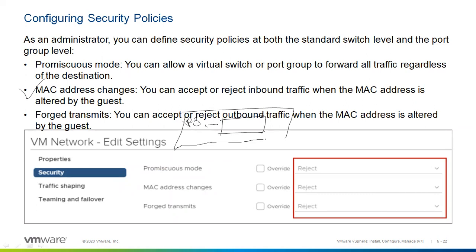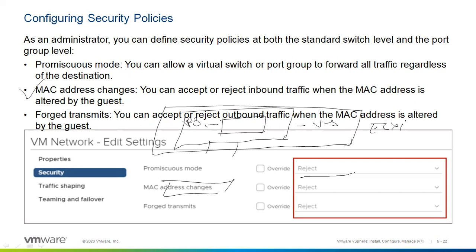This port group is in a virtual switch, and this virtual switch will be in a physical host, and this physical host will be connected by the network switches. Correct? That is the native architecture, right?